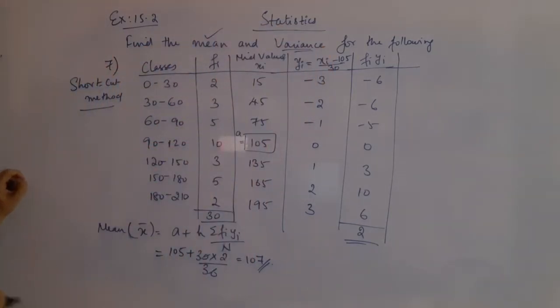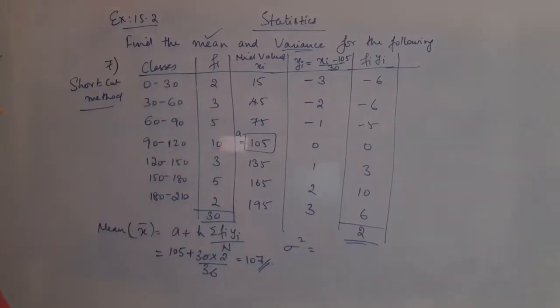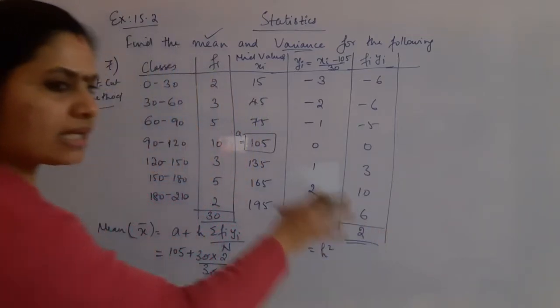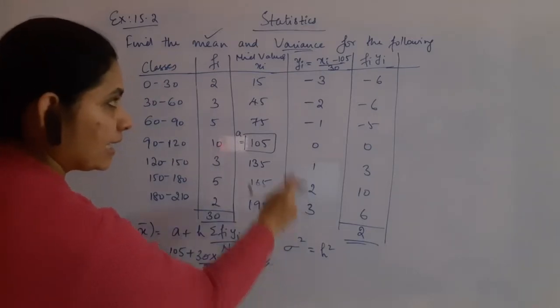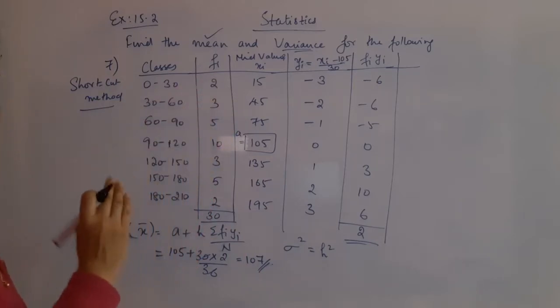For variance, what do you need? What is the formula with which you can find variance? What is the difference in the formula? Variance, or sigma square, is equal to, the only extra thing here will be h square. If it is sigma, it will be h, into the remaining, whatever you have done in the earlier problem, the same formula. Here again fi xi will be replaced with fi yi and fi yi square.